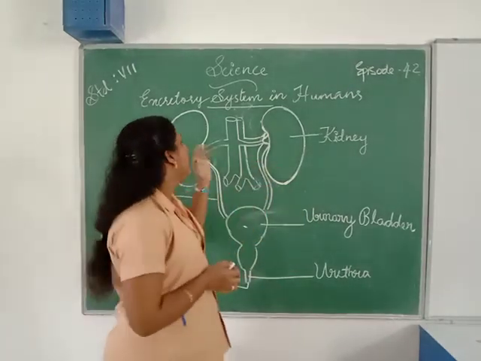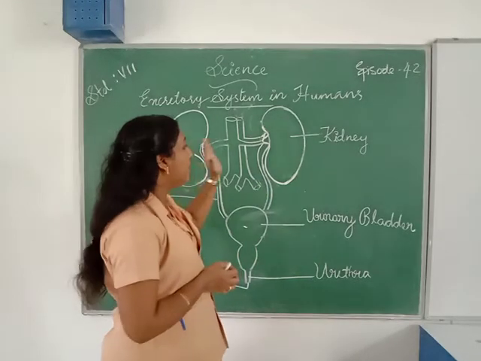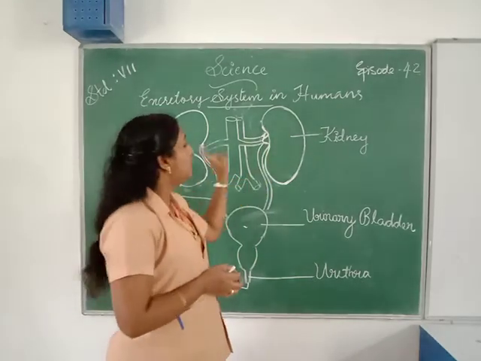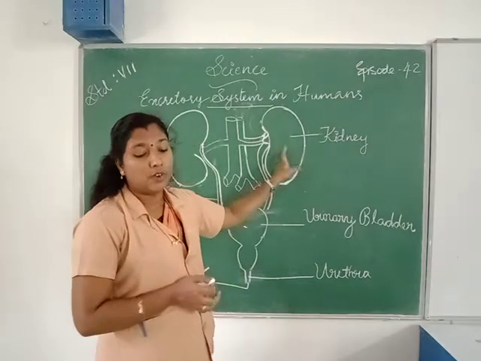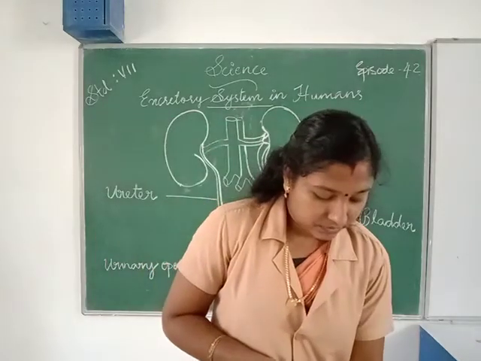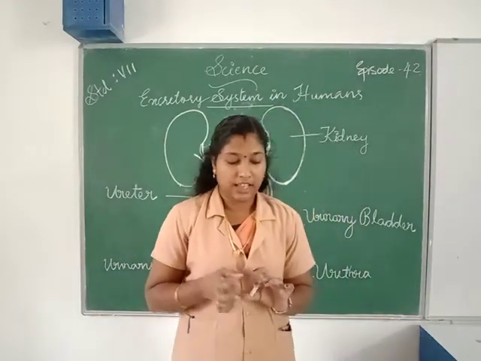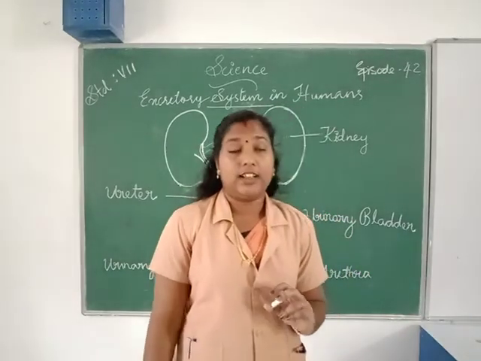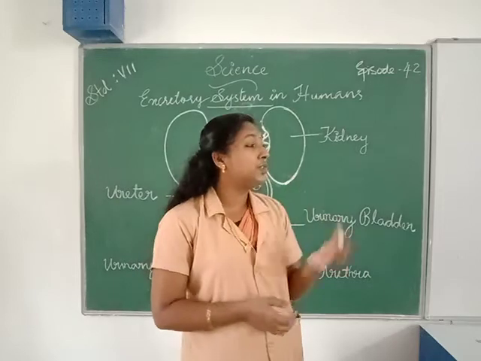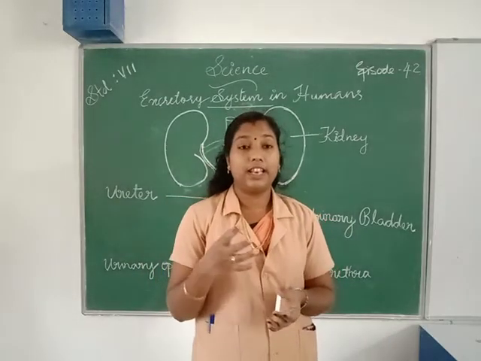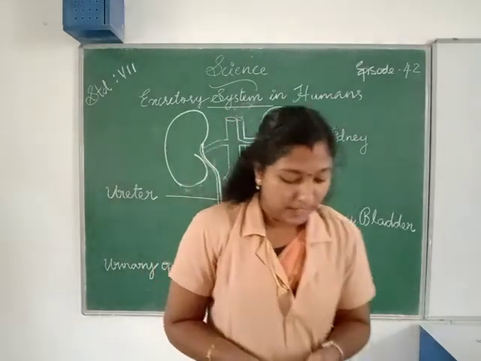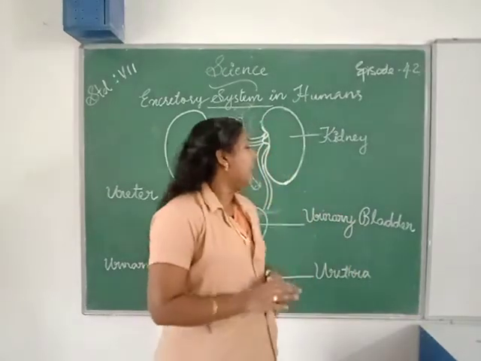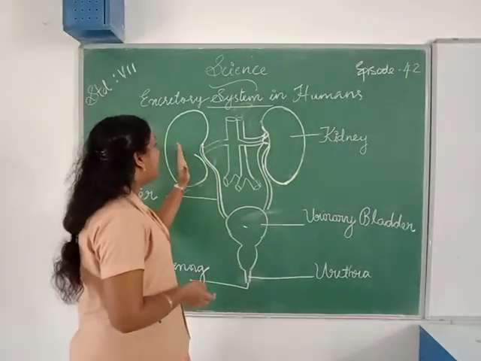First of all, we are going to learn about the first part, the kidney. There are two kidneys. The function of the kidney is a mechanism to filter the blood. This is done by the blood capillaries inside the kidneys.